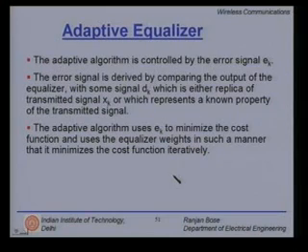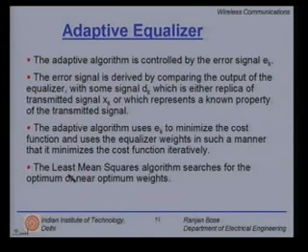The adaptive algorithm uses this Ek to minimize the cost function, adjusting the equalizer weights iteratively. It is upon you to define a cost function, and today we will look at a couple of definitions of different kinds of cost functions.